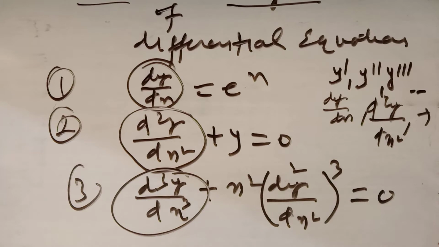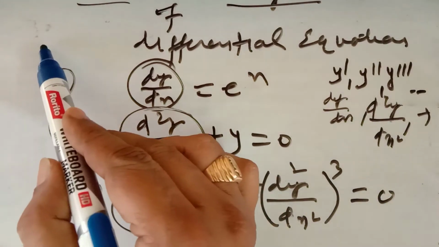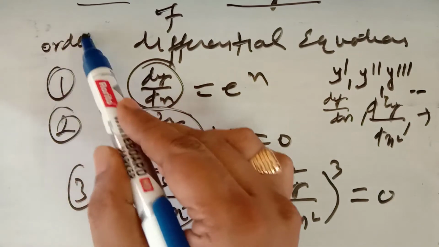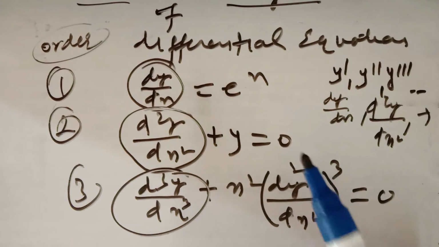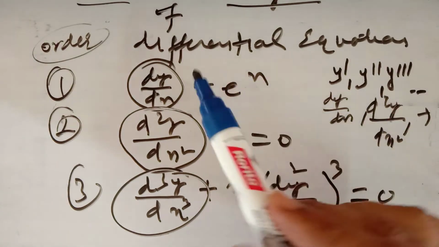Now how can we find the degree? The degree is the power of the highest derivative of the differential equation. So this is the order of these three equations. Now first of all, to find the degree, we will find whether it is a polynomial equation in terms of derivatives.